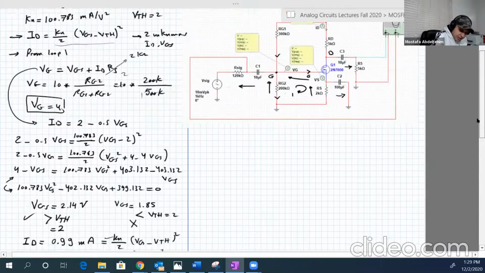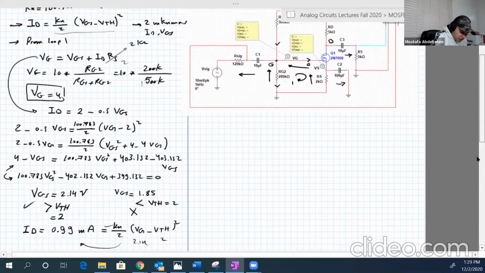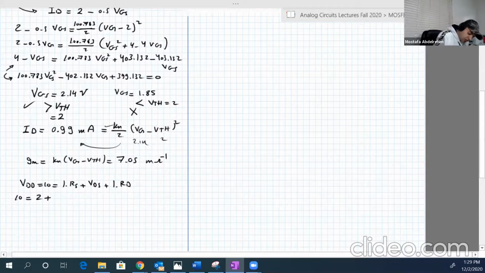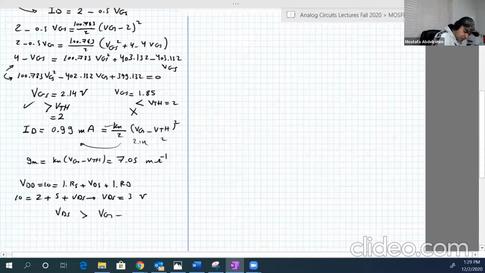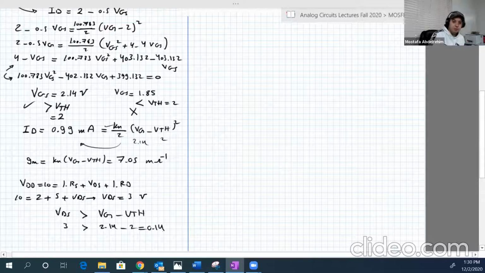RD is 5 kilo multiplied by 1 milli, it will be 5. And VDS here is unknown. So VDS is equal to 10 minus 7, it will be 3 volts. And VDS is larger than VGS minus V threshold, because this guy is 3 and VGS minus V threshold is 2.14 minus 2, which is 0.14. So we are in saturation.